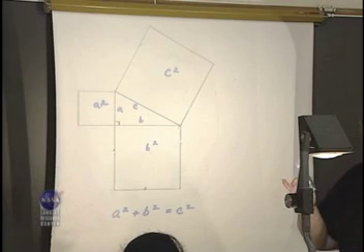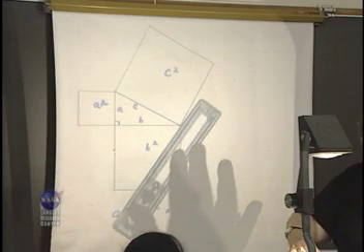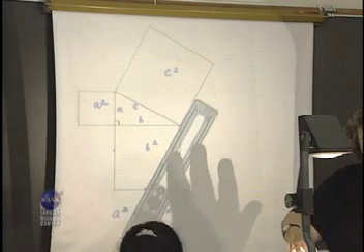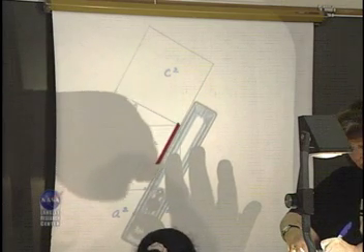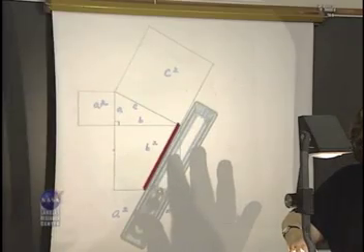But what we're going to do is we're going to cut a squared off of the side, and then we're going to cut b squared and make them fit into c squared to prove that Pythagoras was right. First, take your straight edge, and we're going to draw some parts of b so that we can cut it and it will fit. Coming along the side of c, come straight down through b squared till you touch the edge.